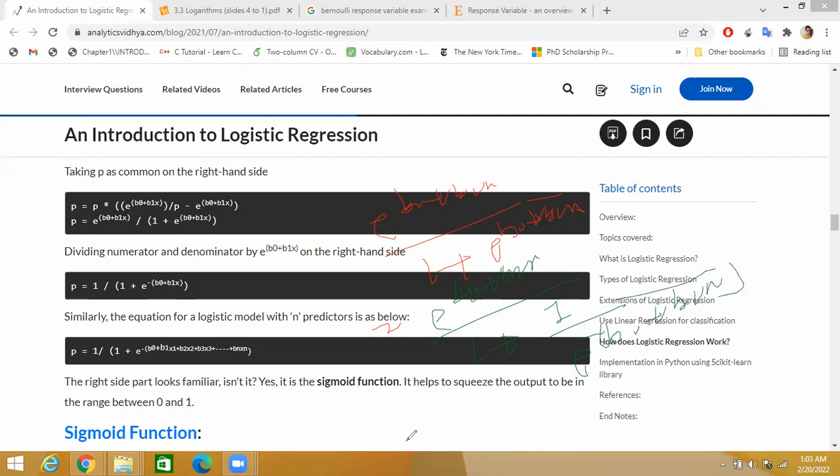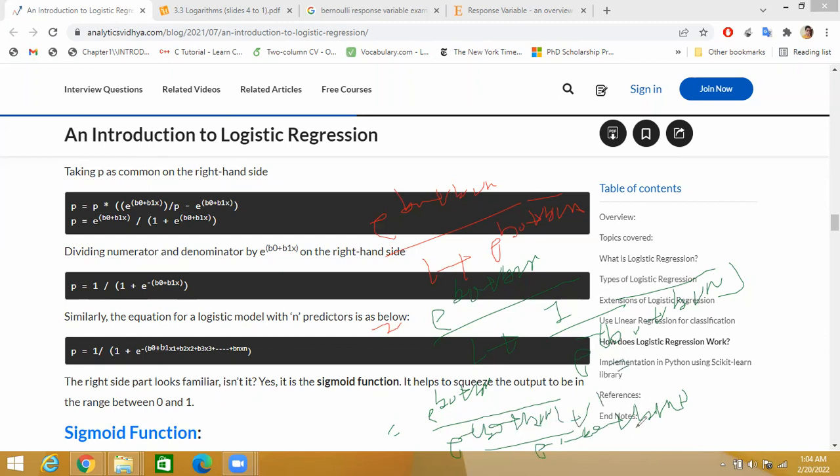Okay, now see here, so it became e to the power beta naught plus b1 x divided by e to the power minus beta naught plus b1 x, then it becomes e to the power minus beta naught plus b1 x plus 1.